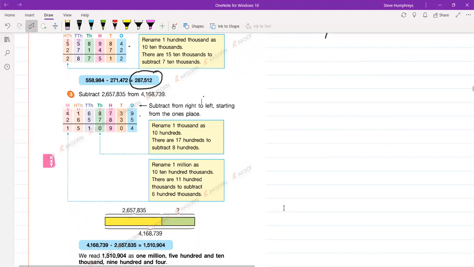Let's see what we can do with this 7-digit number. Okay, it says, subtract 2,657,835 from 4,168,739. Subtract the smaller number from the bigger number.